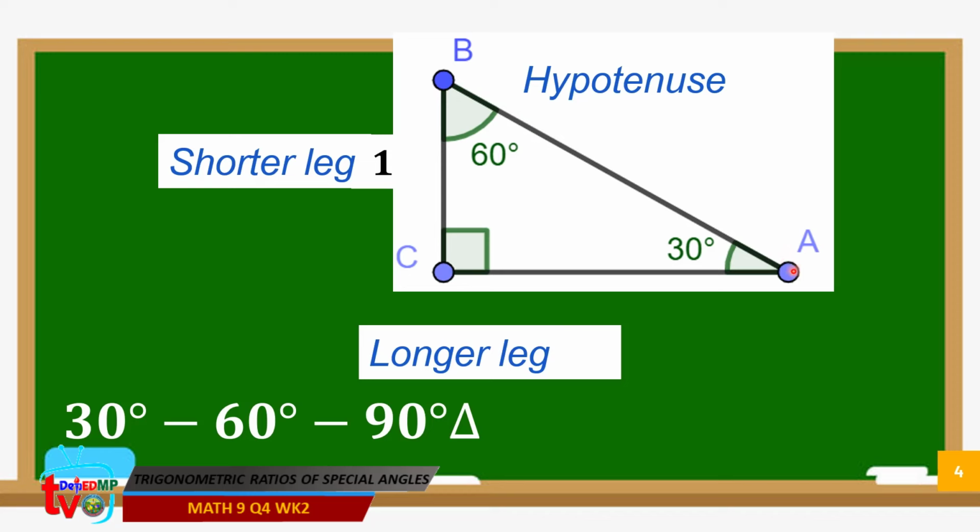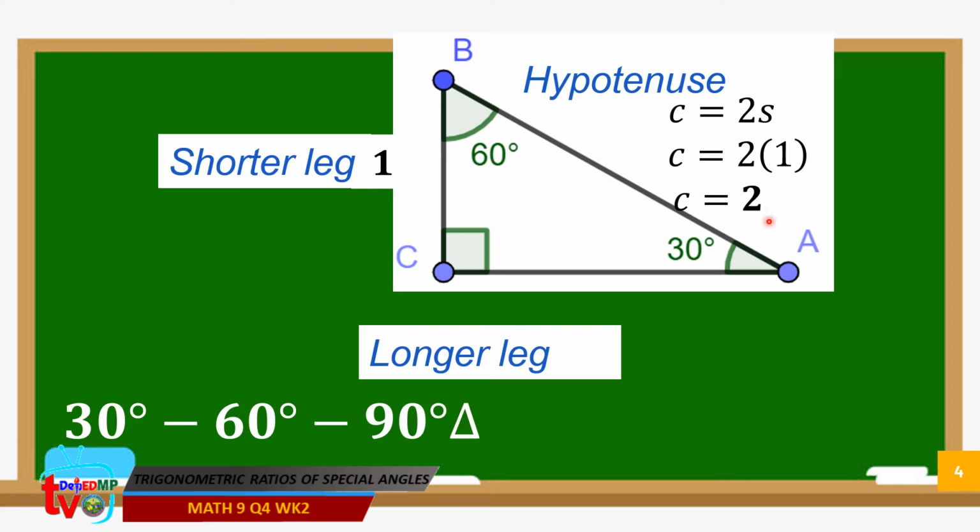Correct! The hypotenuse is 2 units long because the hypotenuse in relation to the shorter leg is twice as long as the shorter leg. So 2 times the shorter leg, which is 1, 2 times 1 is simply 2.